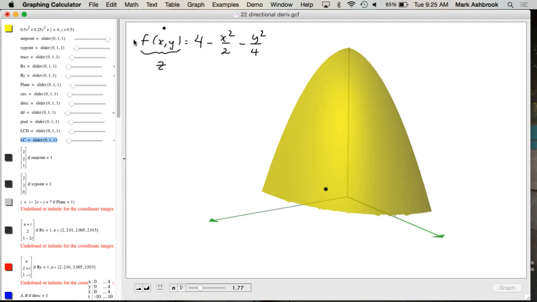Yes, this is a multivariable function of 2 variables in terms of independent. But in terms of sketching a surface, we have all 3 variables, z, x, and y. So we can think of this like z minus 4 equals negative x squared minus 2 minus y squared over 4.